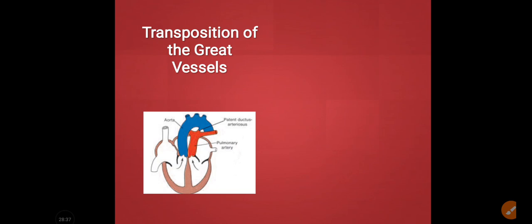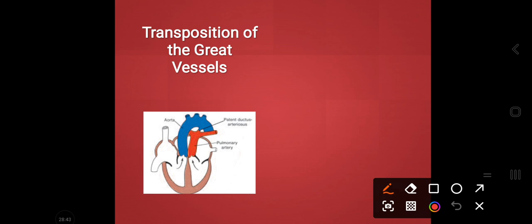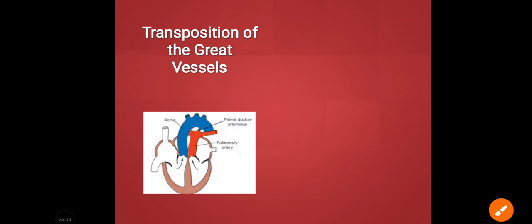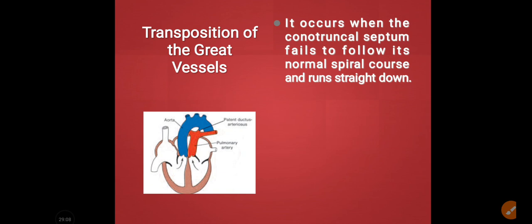Transposition of the great vessels means the aorta originates from the right side of the heart, so it carries deoxygenated blood to the tissues of the body, while the pulmonary artery carries oxygenated blood to the lung. This is because the conotruncal septum doesn't follow the spiral course.